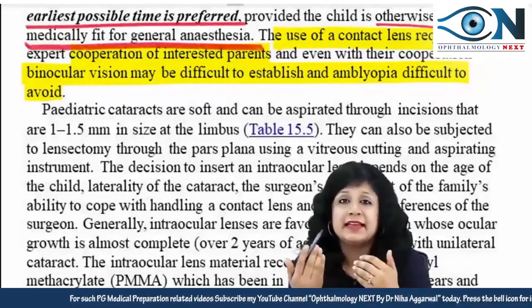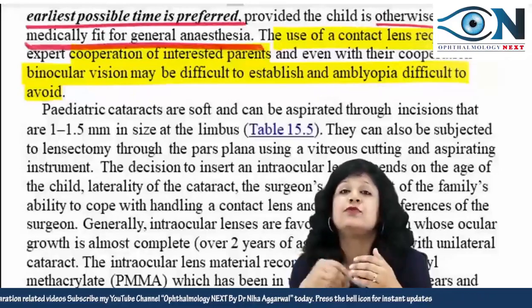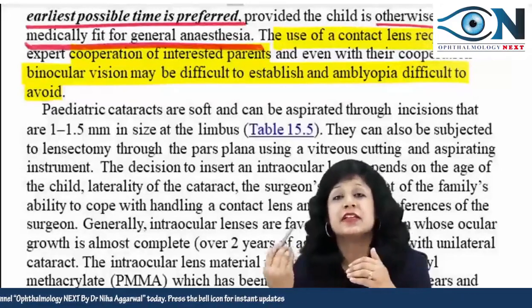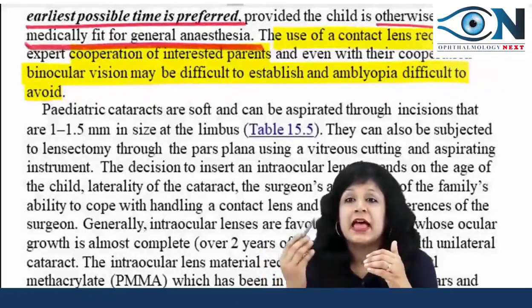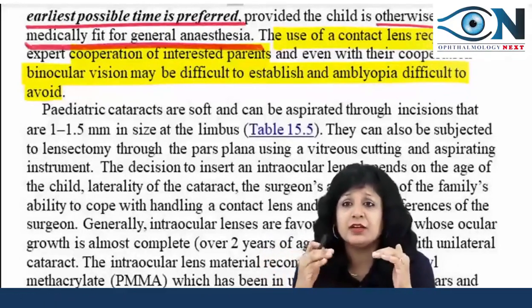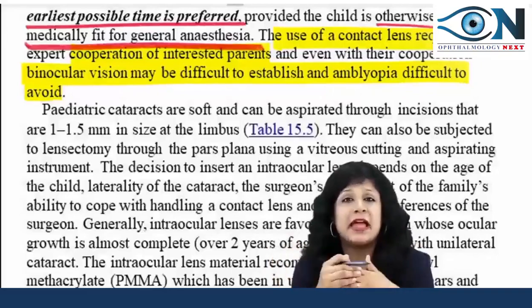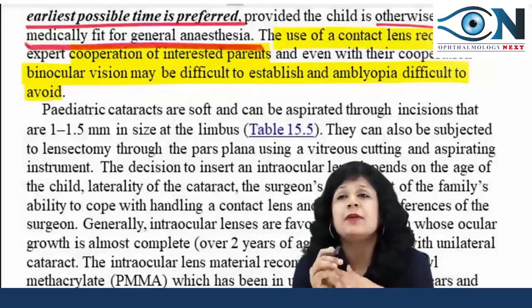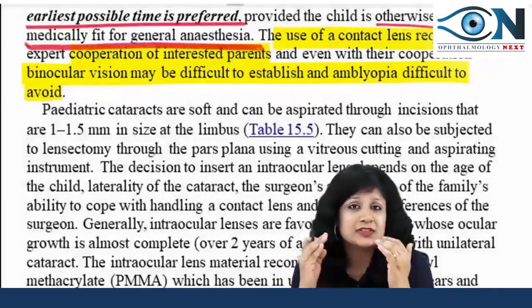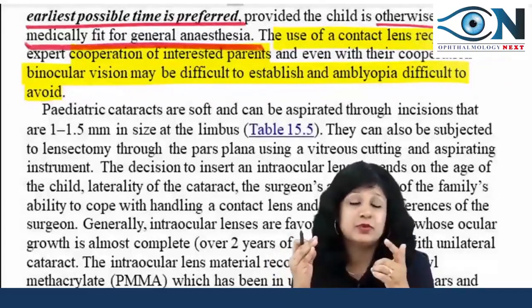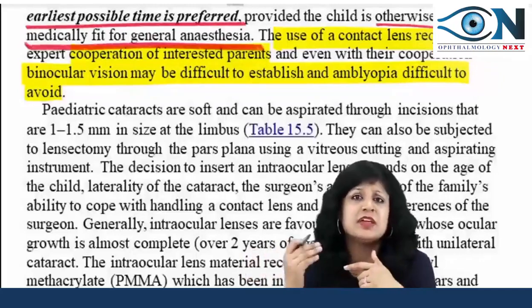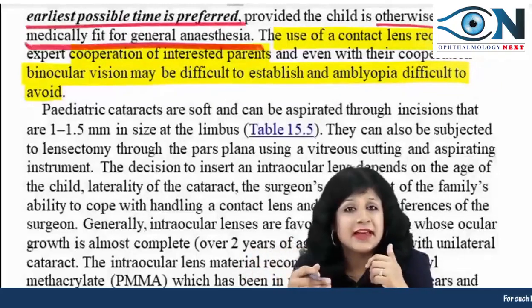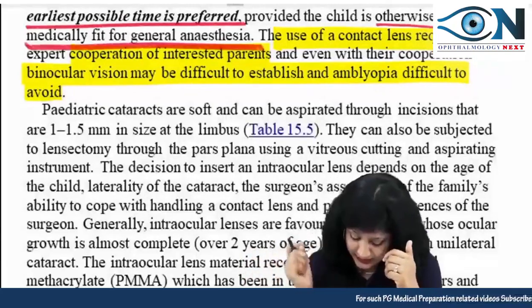First of all, getting the consent from the parents for the fitting of contact lenses, then getting the cooperation from the child for the fitting, and escaping that amblyopia. You have to avoid that amblyopia, because when you have got a difference in the refractive power in both the eyes, the chances of anisometropic amblyopia are again very high. So there are certain problems that we face if we are treating it with contact lenses.